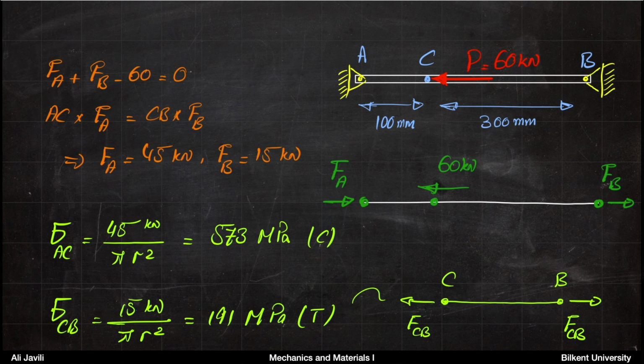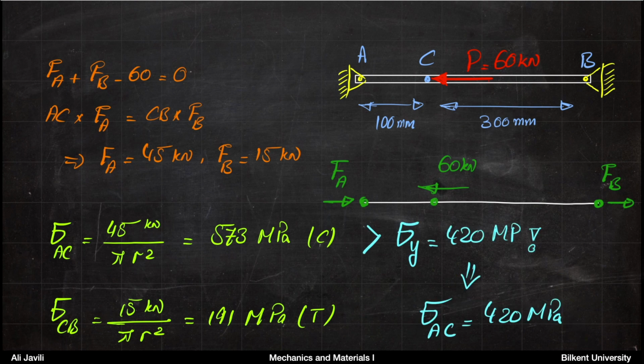Okay, so what we need to do now is to compare these with yield stress. And the yield stress is given to be 420 megapascal. That says the maximum stress that we can have in AC would be 420 megapascal. So essentially, if you think of a material behavior like this, what we calculated, that's 573, would be somewhere here.